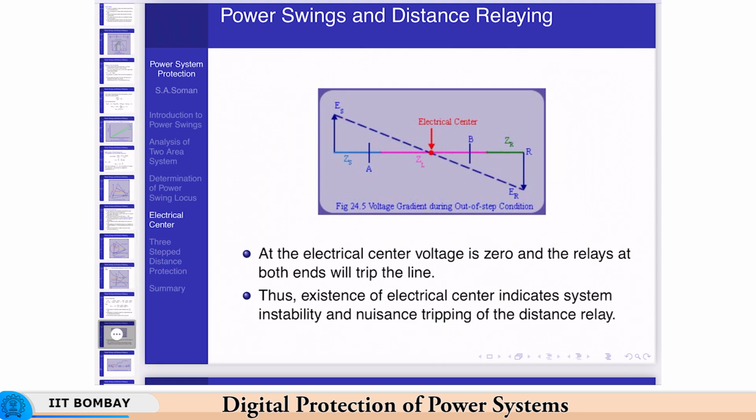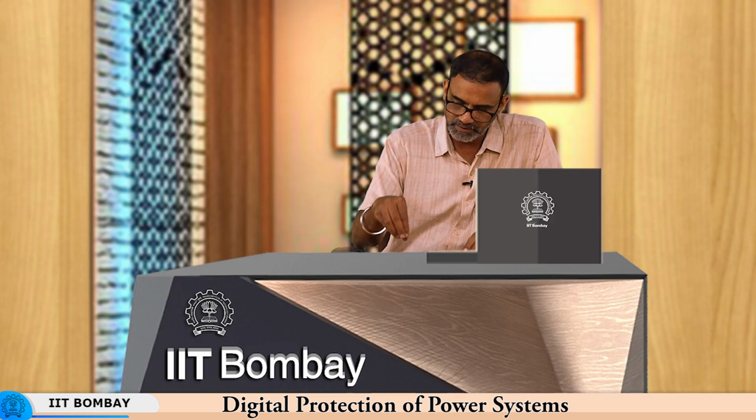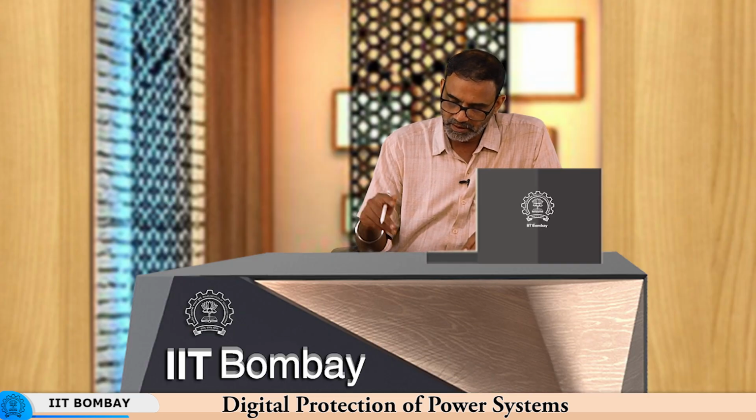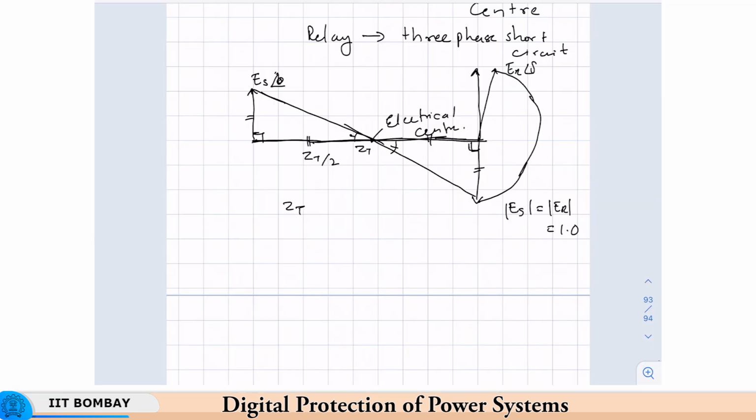Now, there are some aspects of the electrical center that we will discuss. One is that the electrical center is not some permanent locus that is present. Because it is a swing and because the delta is continuously changing, the electrical center itself is not stationary.